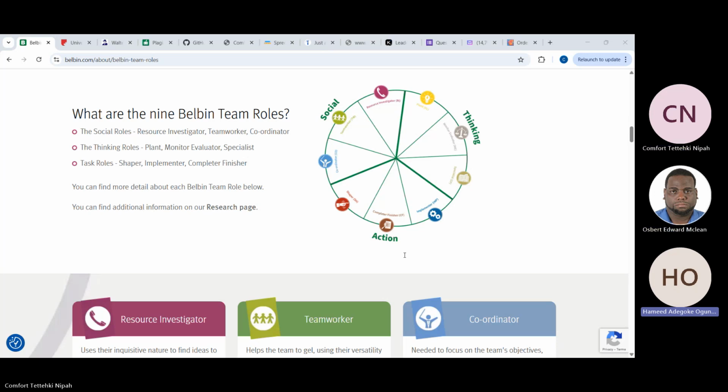The Plant is the team's creative genius: innovative, free-thinking, and brilliant at solving complex problems in unconventional ways.